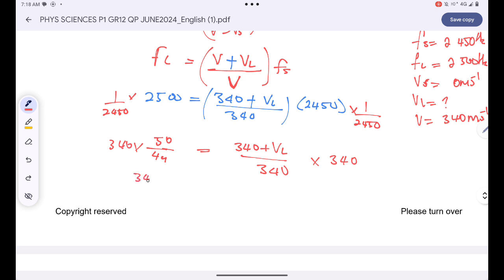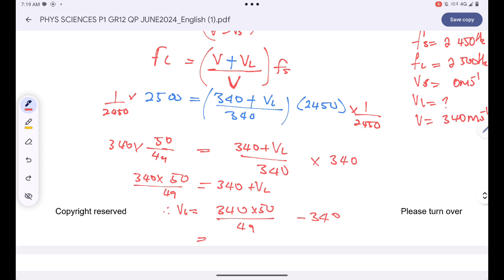I'll simply have 340 multiplied by 50 all over 49 is equal to 340 plus the velocity of the listener, and hence the velocity of the listener is basically 340 times 50 all over 49 minus 340.